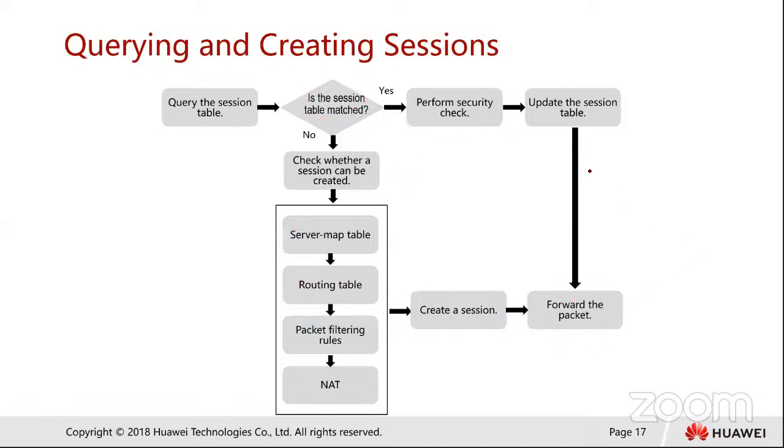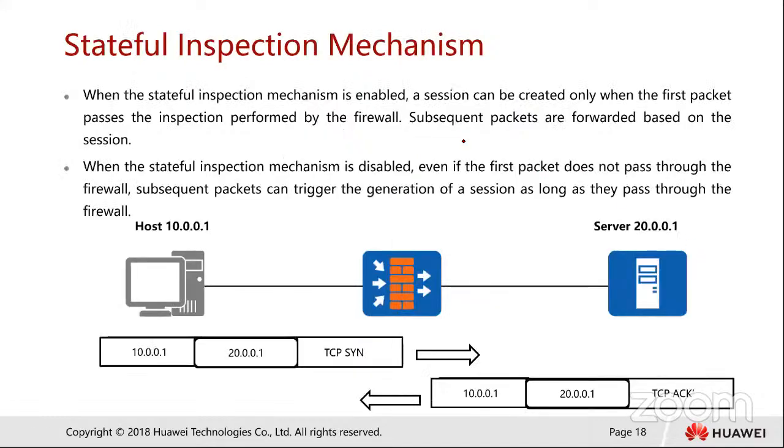Stateful inspection mechanism, we have already looked at it, and we say that when the stateful inspection mechanism is enabled, a session can be created only when the first packet passes the inspection performed by the firewall, and subsequent packets are forwarded based on the session.